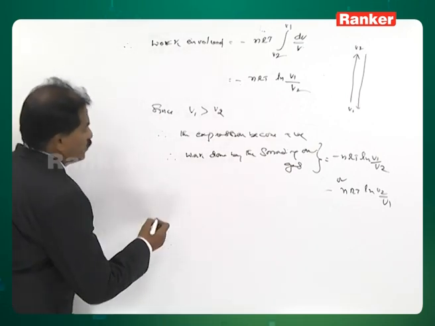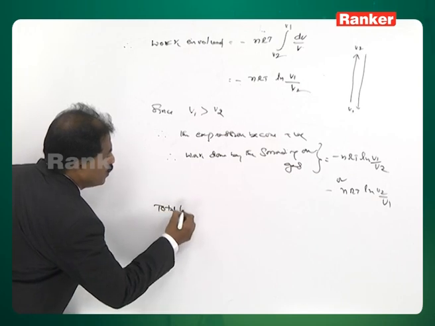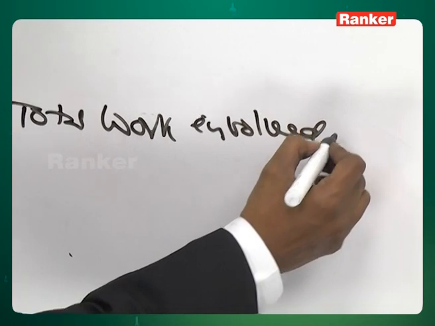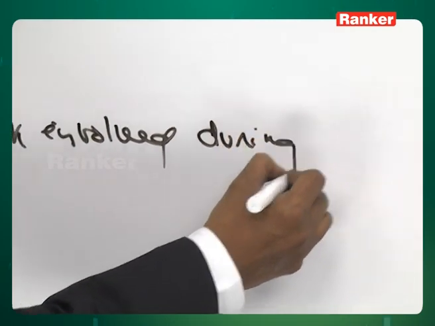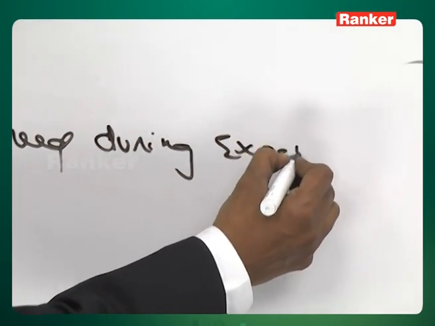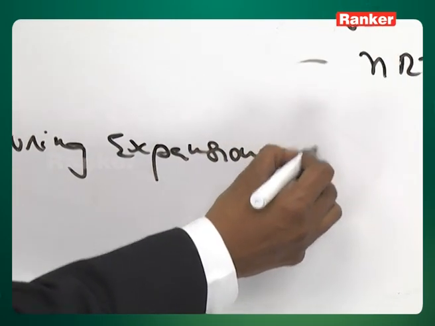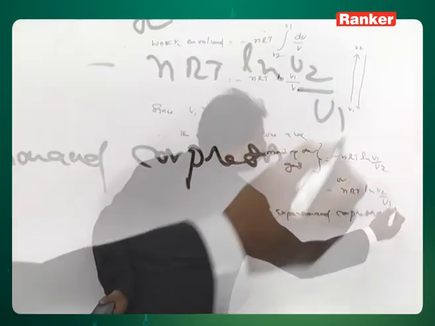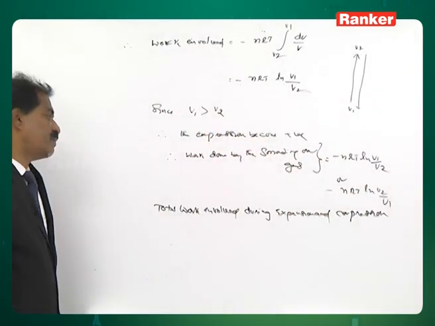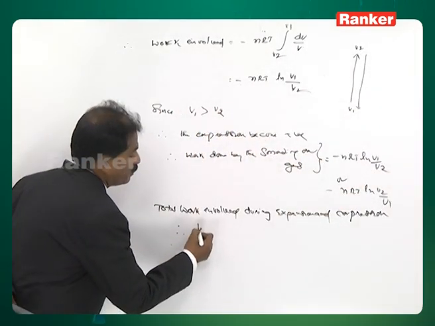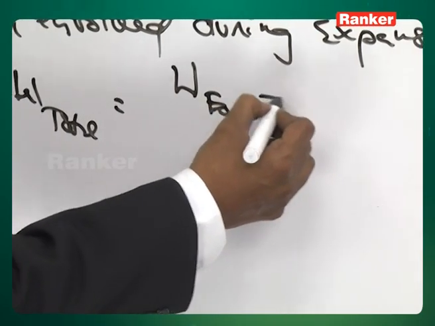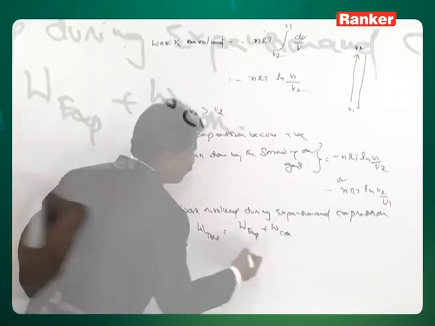Next, the total work involved during expansion and compression. Therefore, W total is equal to expansion plus compression.